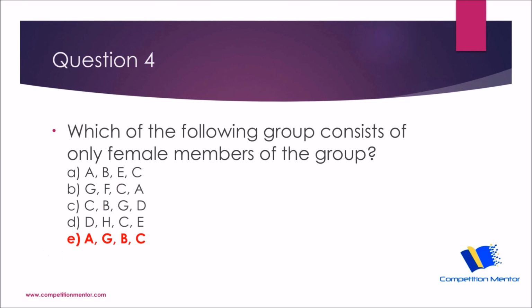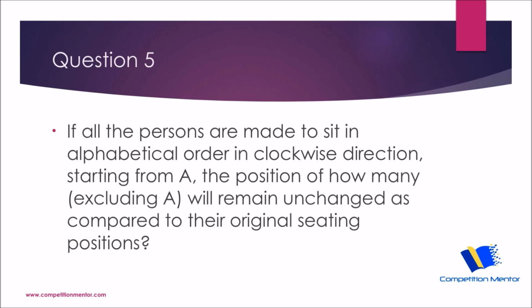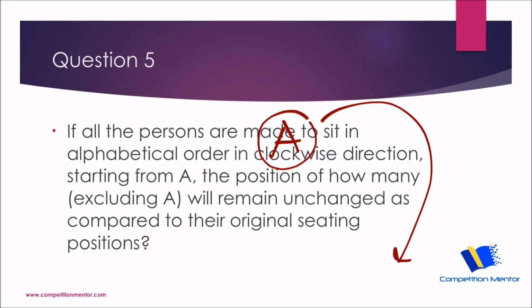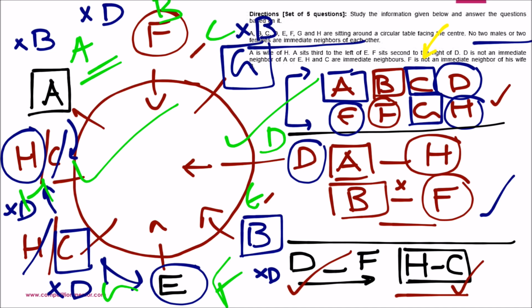Now question number 5, if all the persons are made to sit in alphabetical order in clockwise direction starting from A, the position of how many, excluding A, will remain unchanged as compared to the original sitting position. So the question is clear. I will fix A, and then clockwise I will place A, B, C, D, E, F, G, and H, and see how many will remain in the same position. I have already put it here in green.